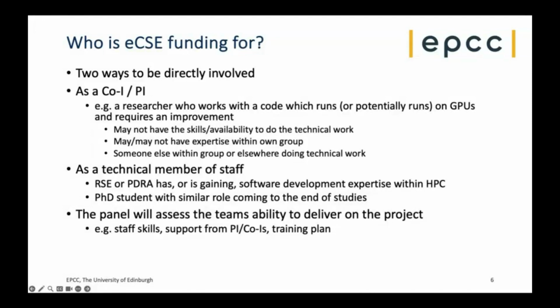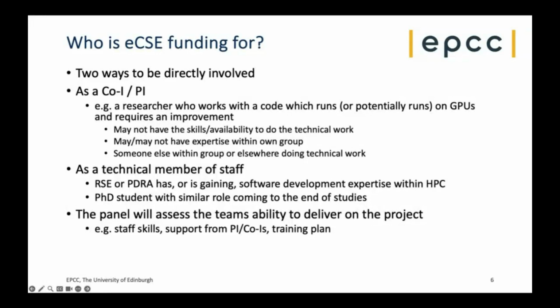In this case, you would be named as a co-I or PI. At this point you wouldn't be doing the technical work, but you're there to support and offer expertise and to manage the overall project work.